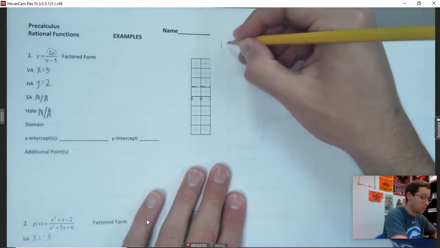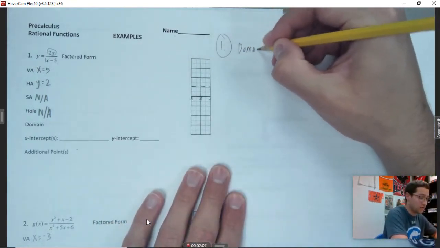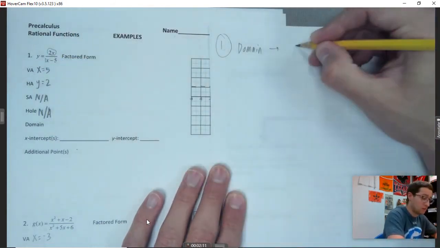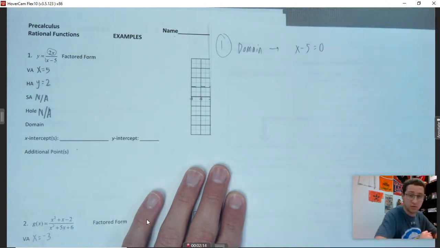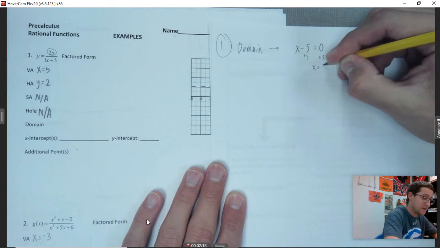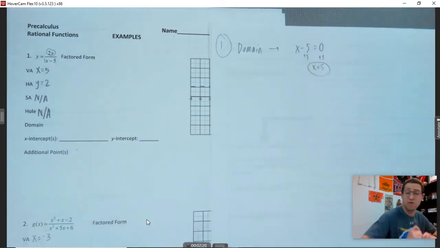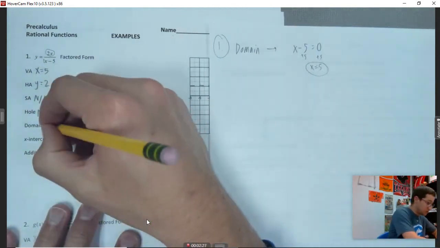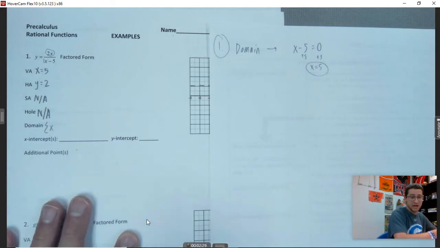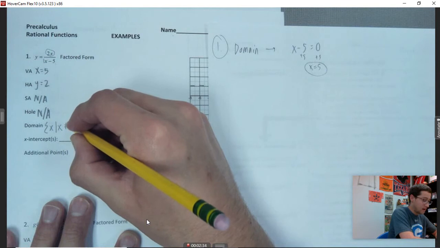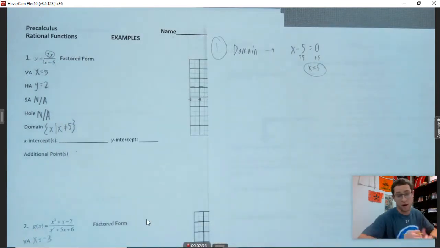So with number 1, on our work with the domain, we're going to set x minus 5 equal to 0. In order to solve, we add 5, and that value, x equals 5, we're going to remove from the domain. This makes it pretty simple because all we have to do is put it into set builder notation: x such that x can't be that value of 5, and that's the only one we have to remove.